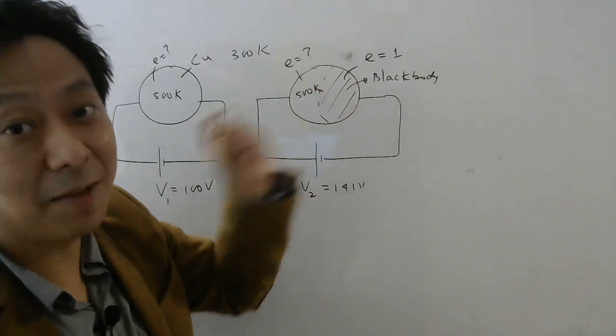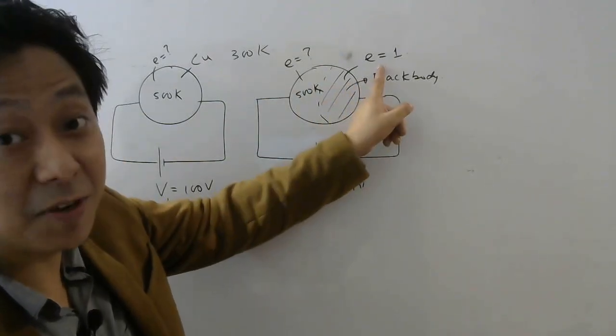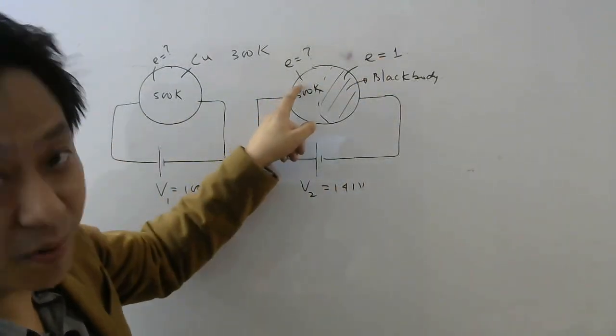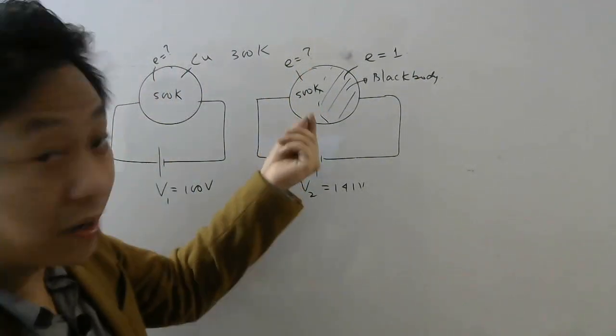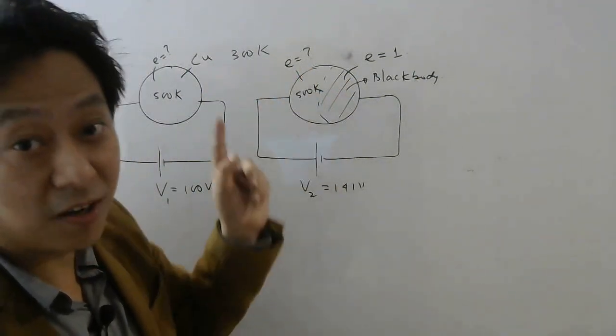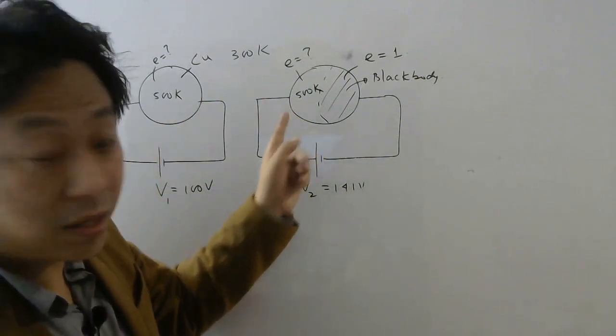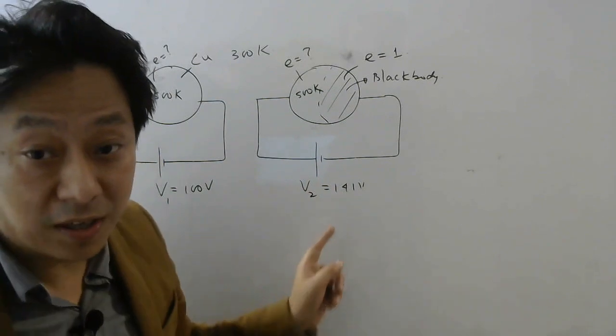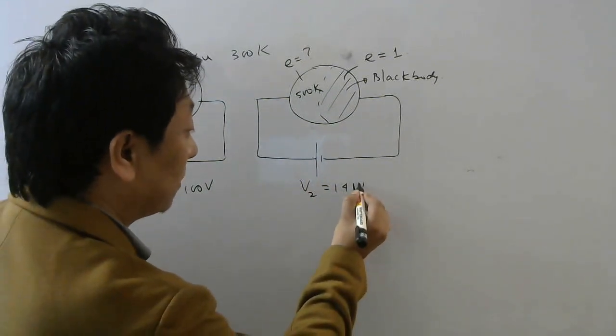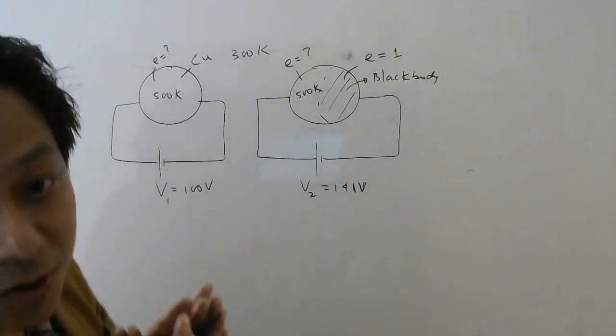Once it behaves like black body, its emissivity will be 1. And this is copper surface, so emissivity will be same, E. But to maintain the temperature of this body at 500, we need to apply a different voltage. How much? 141 volt. So all this is mentioned in the question.